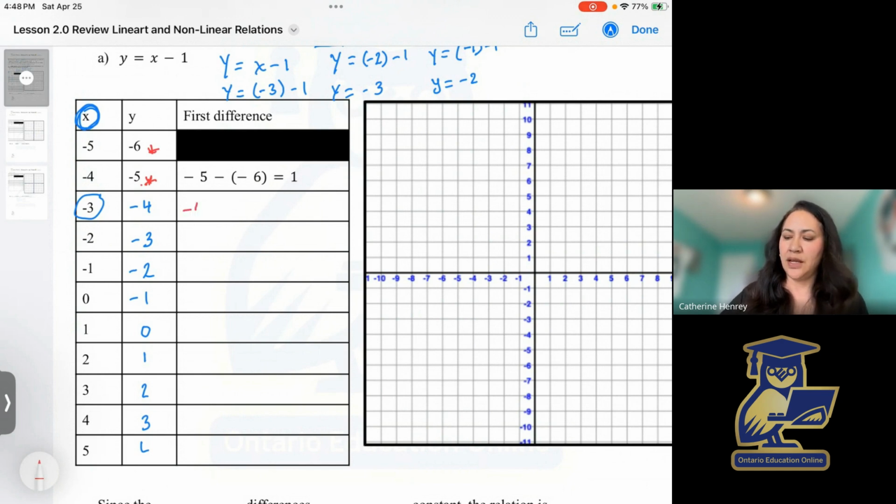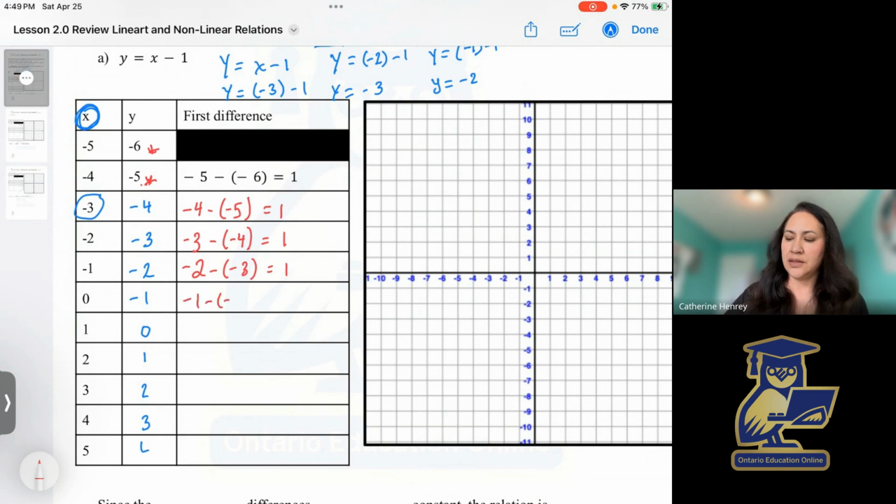We would have -4 minus -5. Simplifying that, we would get 1. In the next line, we would have -3 minus -4. Simplifying that, we would get 1. -2 minus -3 also gives me 1.